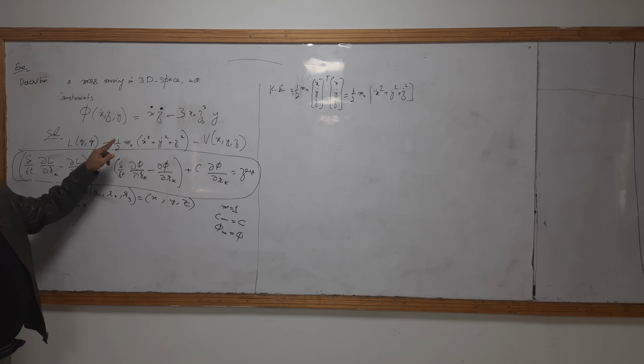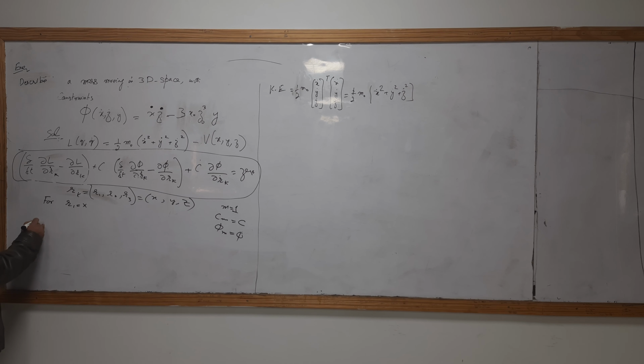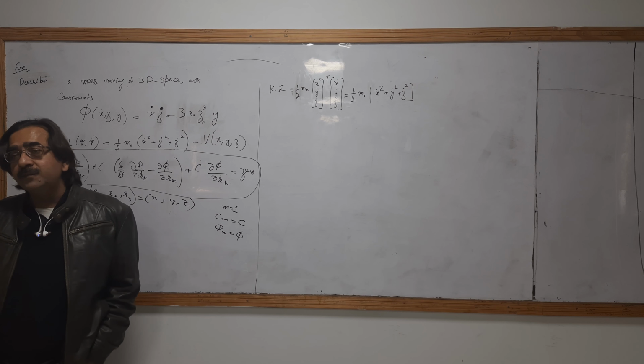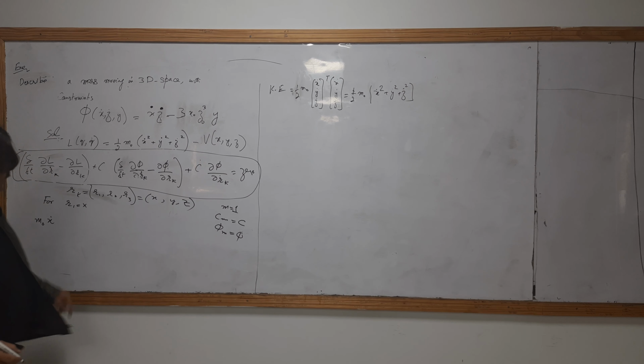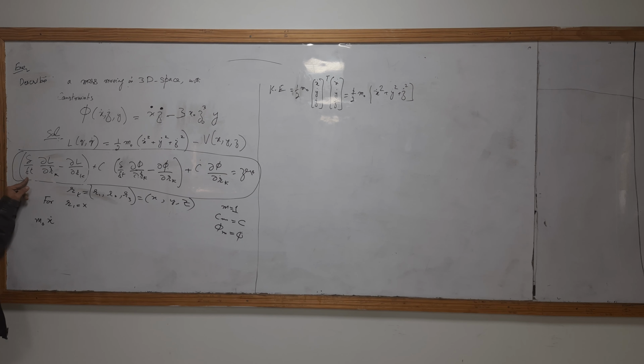The 2 will be cancelled with the 2, so that will be m naught x dot, and the derivative of x dot with respect to x dot will be 1. But when we take the derivative again with respect to time, that becomes x double dot.